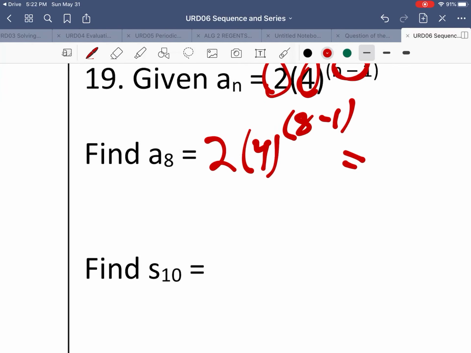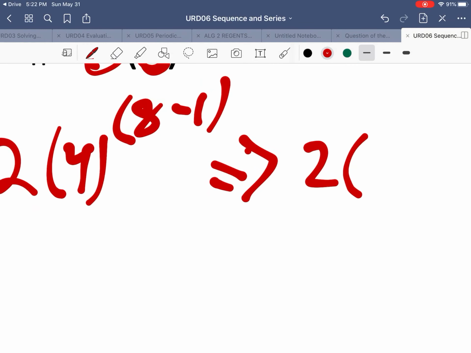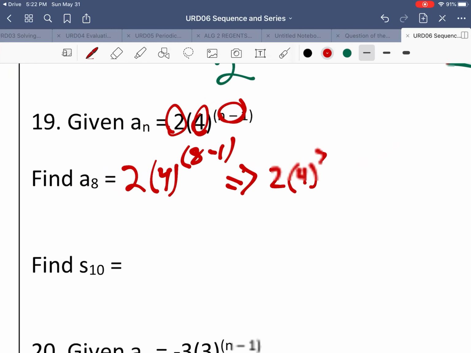2 times 4 to the 8 minus 1 power, which is going to be equal to, trying to draw an arrow, because I'm trying not to do what's called stringing, writing multiple equal signs unnecessarily. So this is 2 times 4 to the 7th power. 4 to the 7th is probably a very large number.